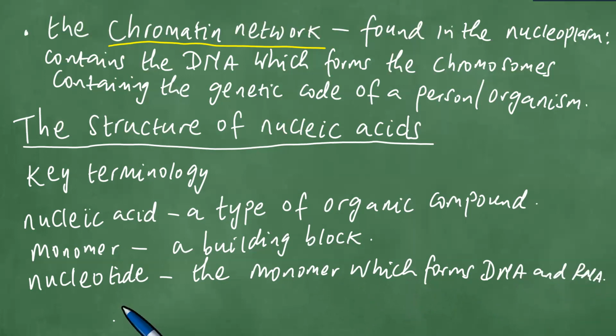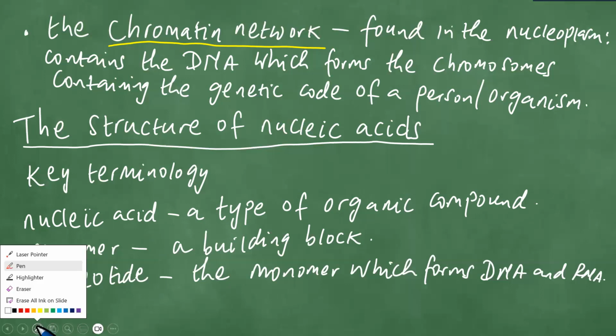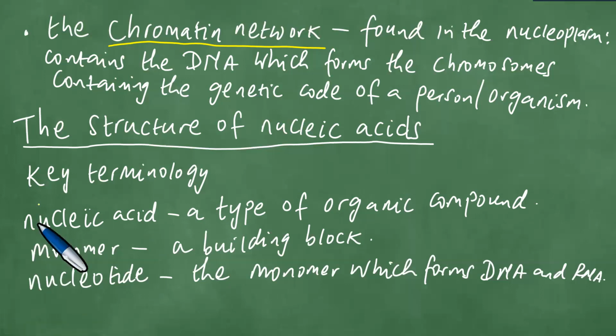The monomer which forms DNA and RNA is called the nucleotide. So these are basically nothing other than key terminology.